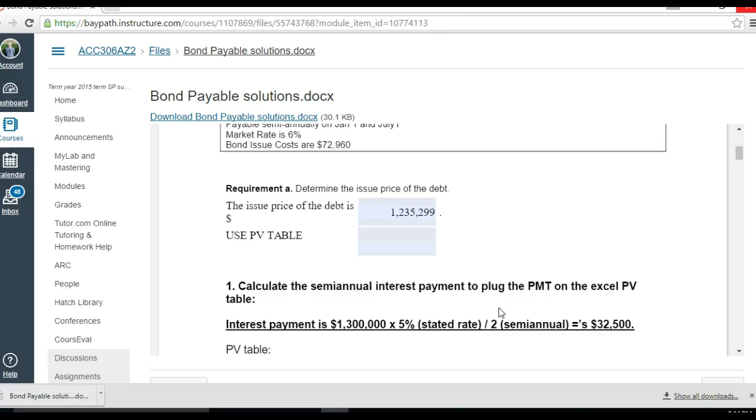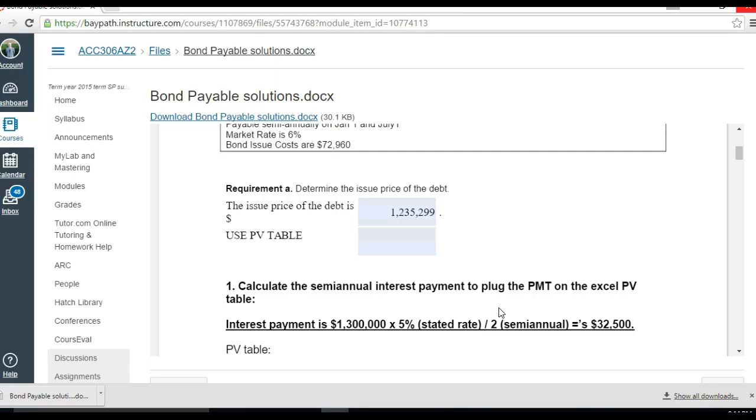Calculate the semi-annual interest payment to plug the payment into the Excel present value table. So the interest payment is $1,300,000 times 5%, which is the coupon rate. That's the interest rate we're going to pay the bondholder.